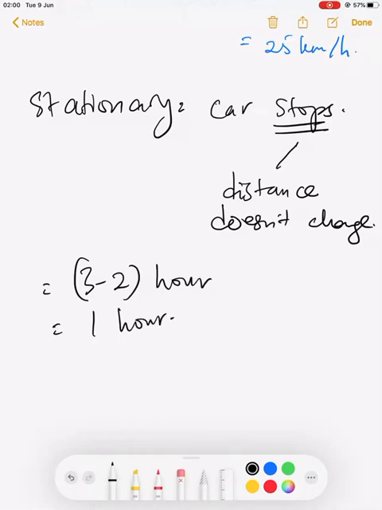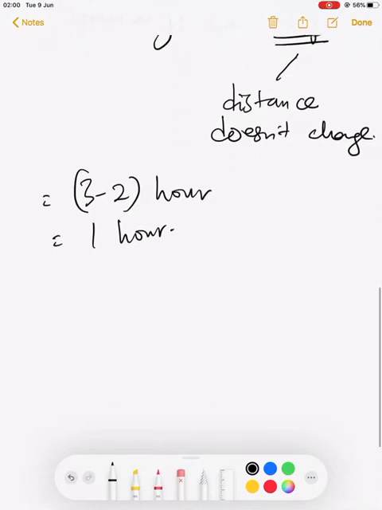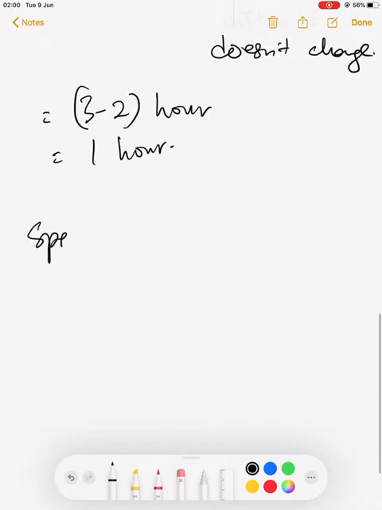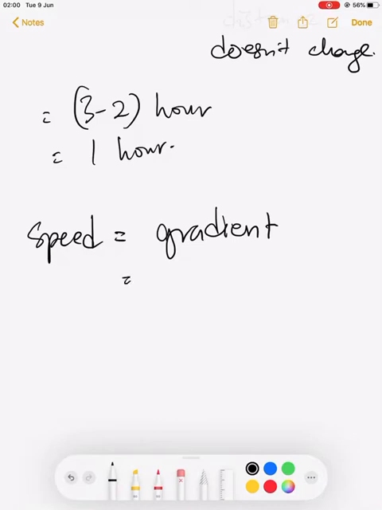Okay, next, the speed of the car in the first hour. When we talk about speed, we are talking about the gradient of the straight line. The gradient means the difference in distance divided by the difference in time.